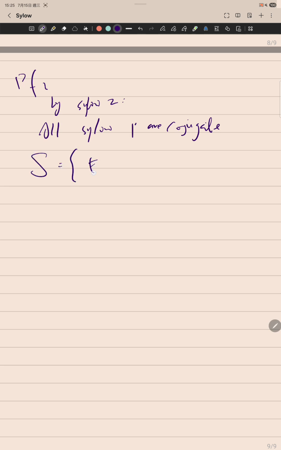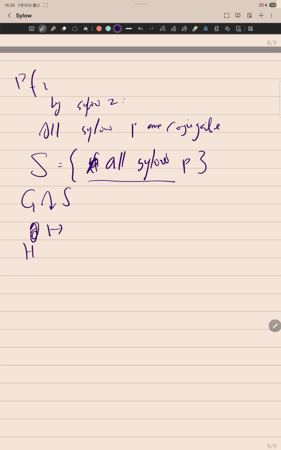So the idea is to use group action. By Sylow 2, we know that all Sylow p-subgroups are conjugate. So I define a set S to be all Sylow p-subgroups, and G acts on S by mapping each subgroup H to gHg inverse.